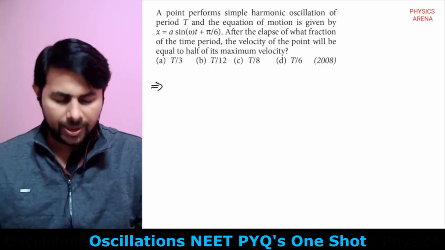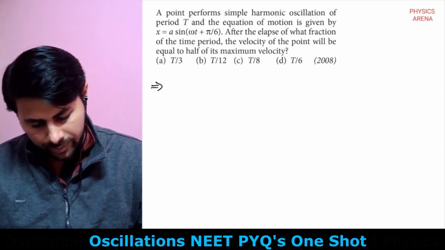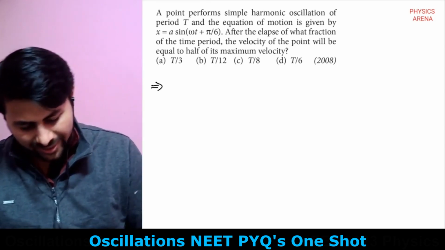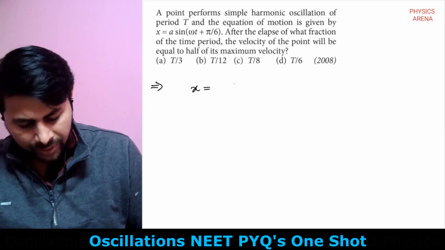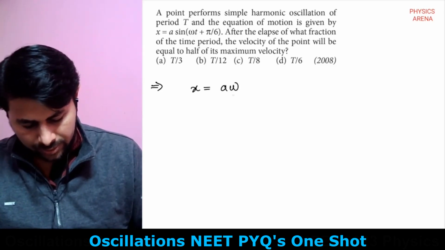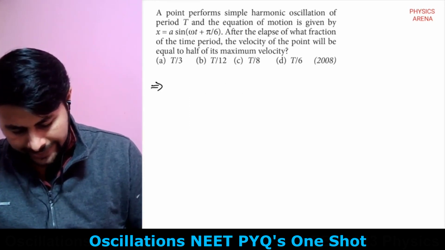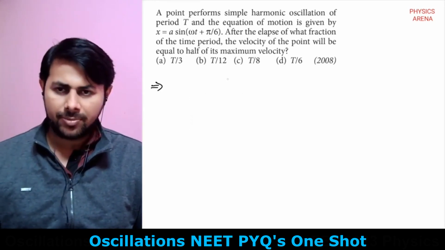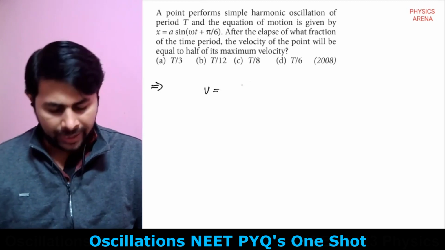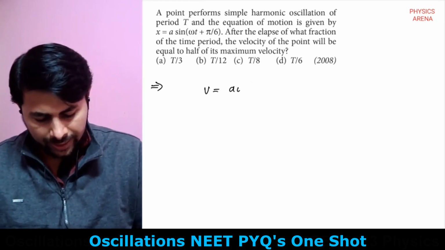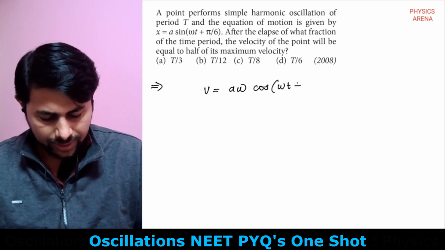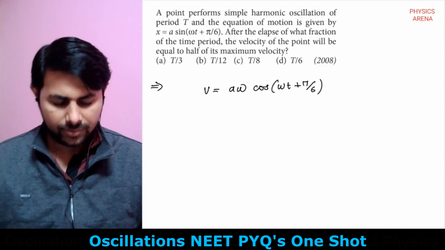We have solved a similar question yesterday. Let's solve this question. We have x equals a sine of omega t plus pi by 6. So velocity will be the derivative of that, which is a omega multiplied by cos of omega t plus pi by 6.